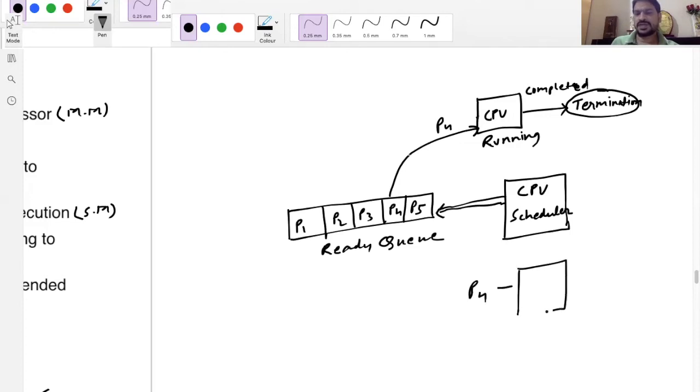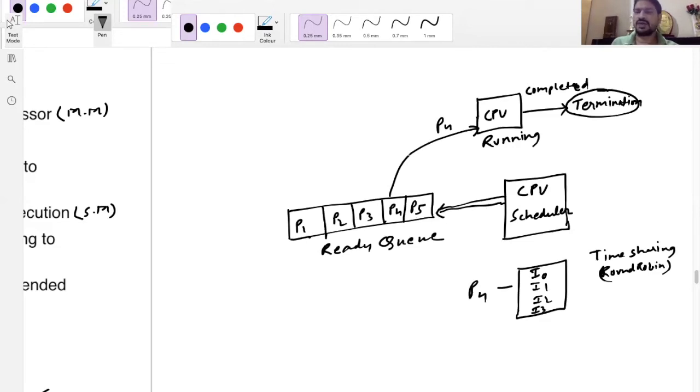P4 is associated with many instructions, let's say I0, I1, I2, I3. So the CPU, let's say, is using a time sharing scheduling algorithm, which is called round robin. The CPU will allot, let's say, 2 milliseconds to all the processes.